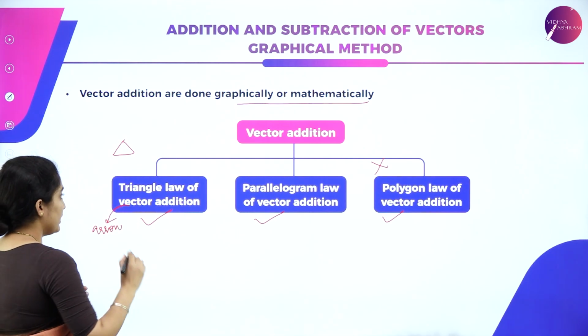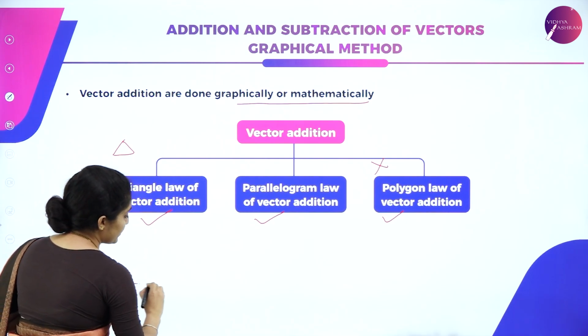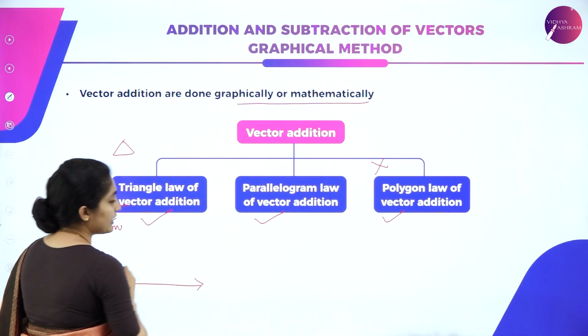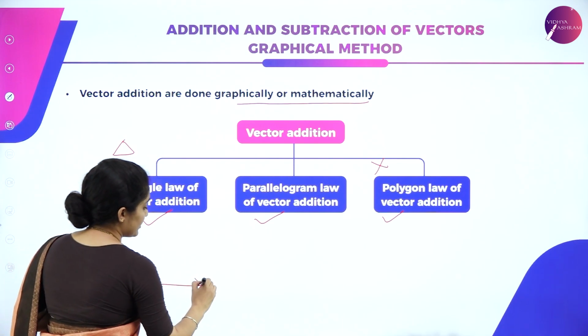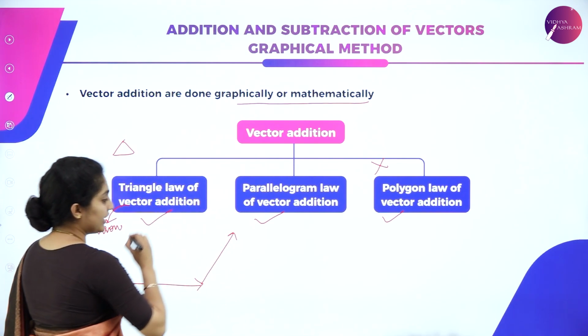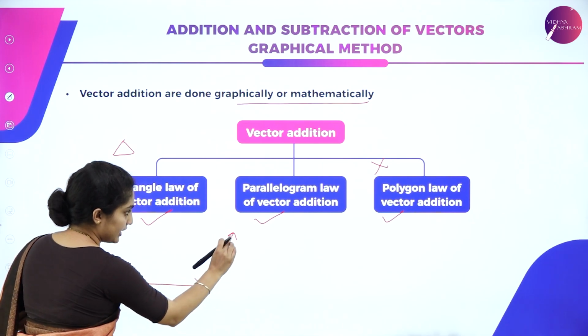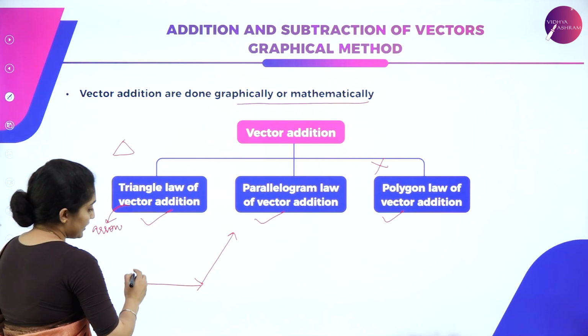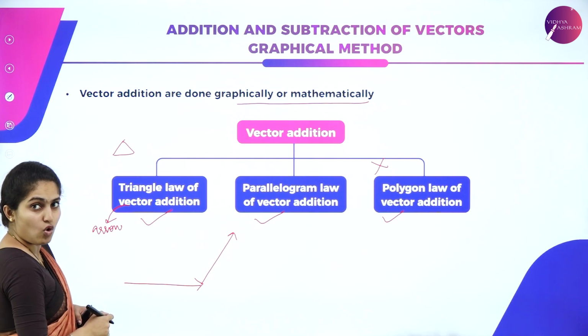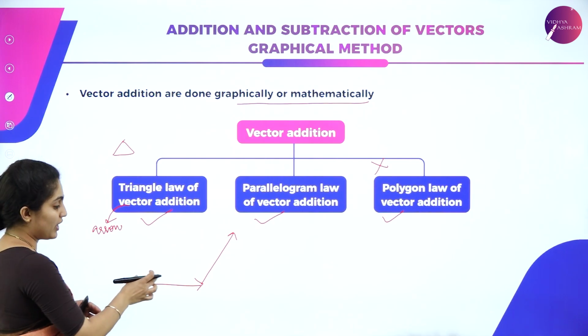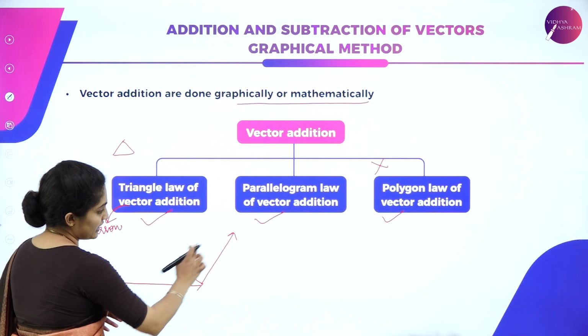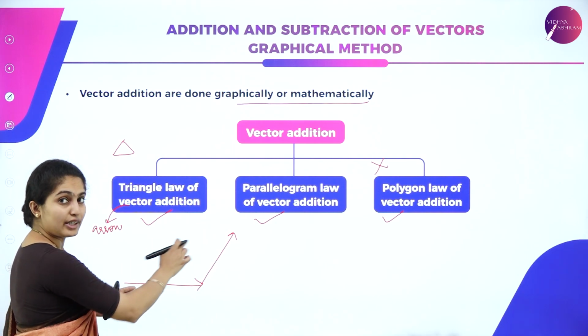So if 2 sides of the triangle are represented by certain magnitude and direction, tail to head, then one more line you want for your triangle to be filled. 1 side is over, 2 sides are over, the 3rd side we need.